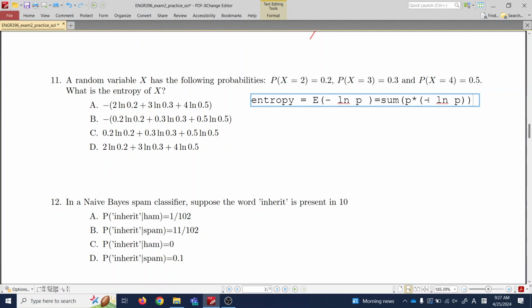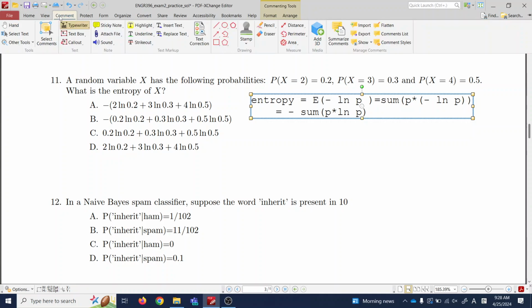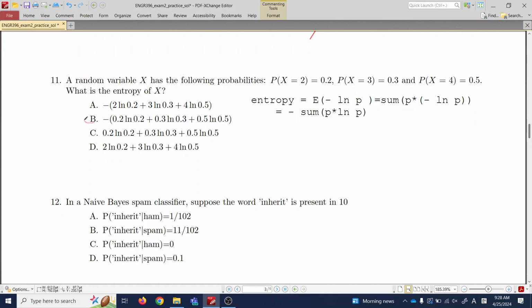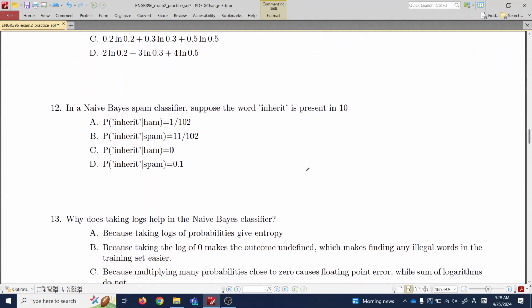Well, you can pull the minus out, so this should be equal to the negative of the sum of probability times ln of p. Which one is this? It's B, yes.